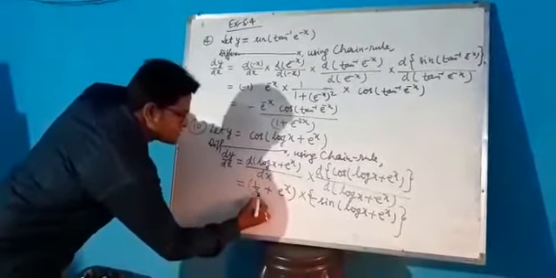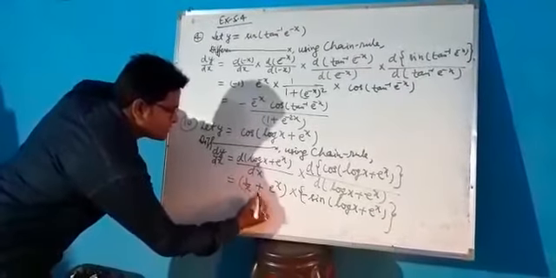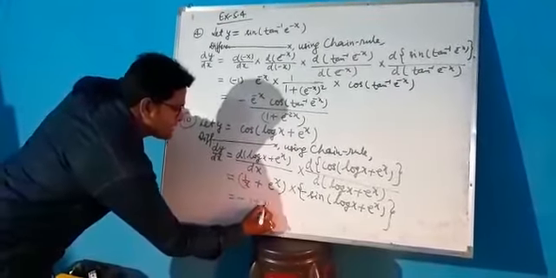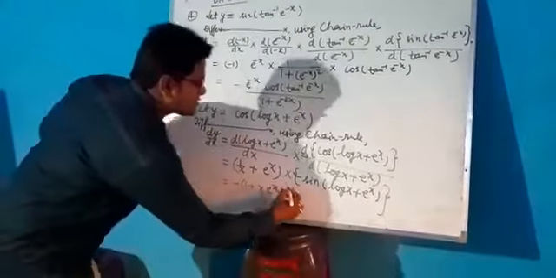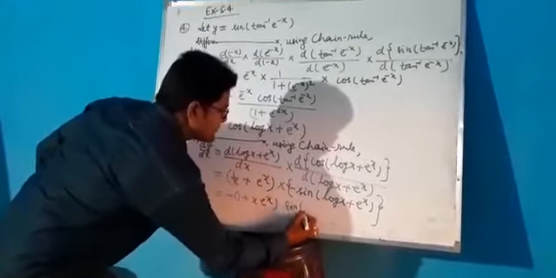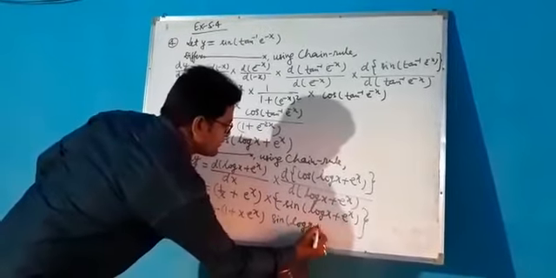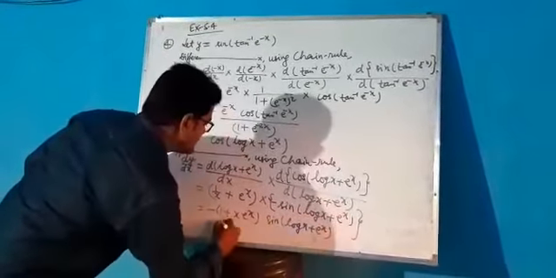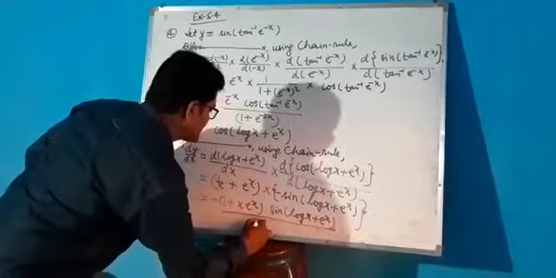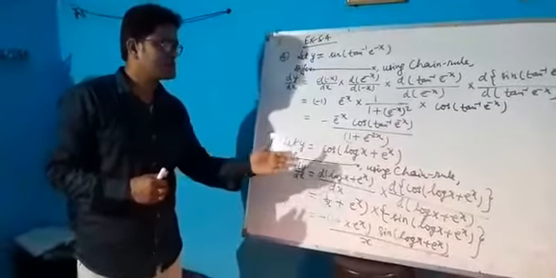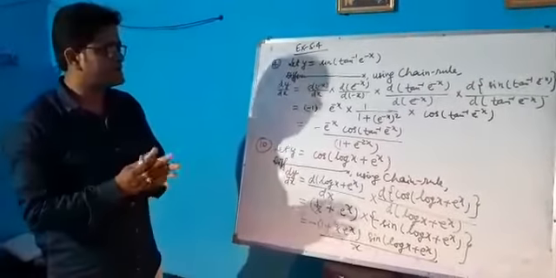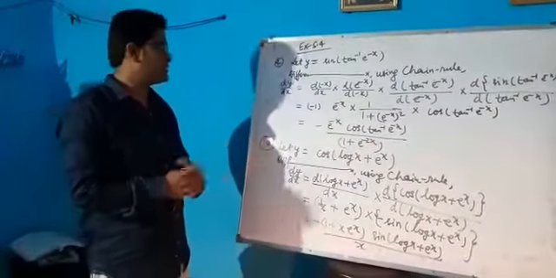So minus, you can solve this one also. So it will be 1 plus x into e to the power x into sine of log x plus e to the power x divided by x. You can just check. So this is your final answer.